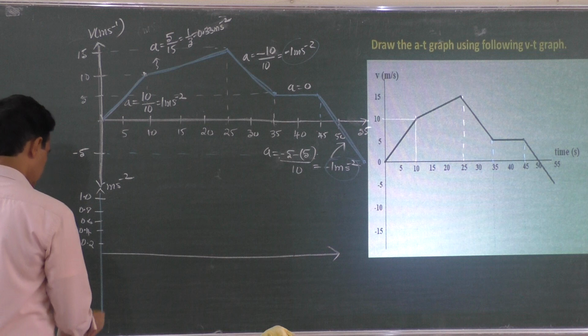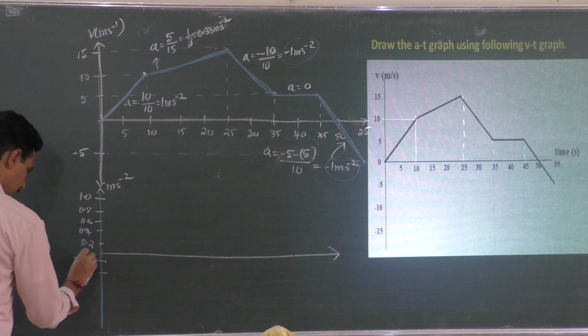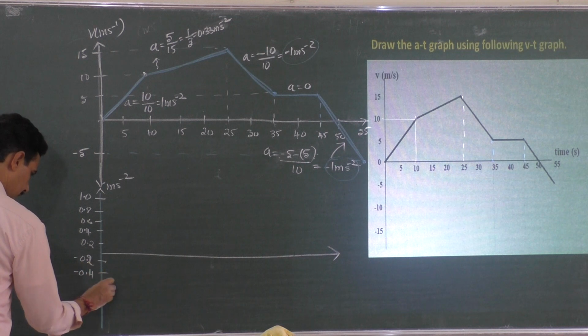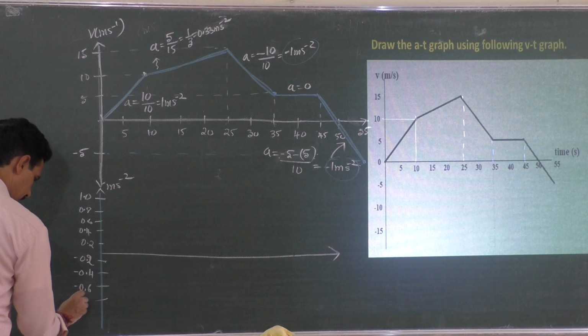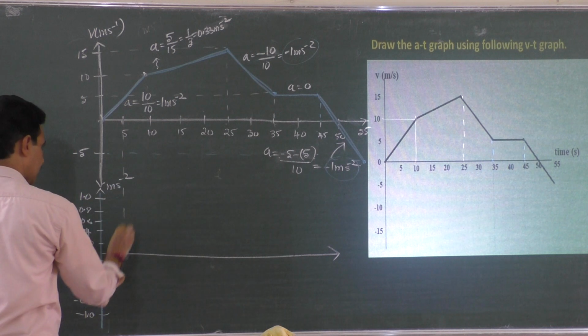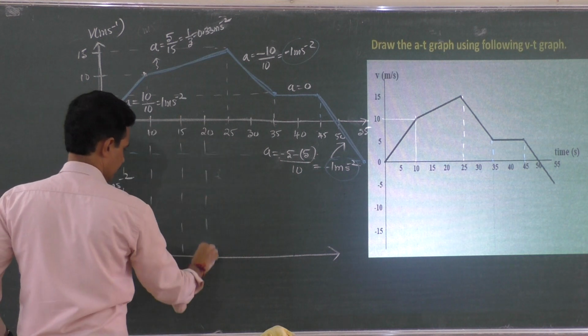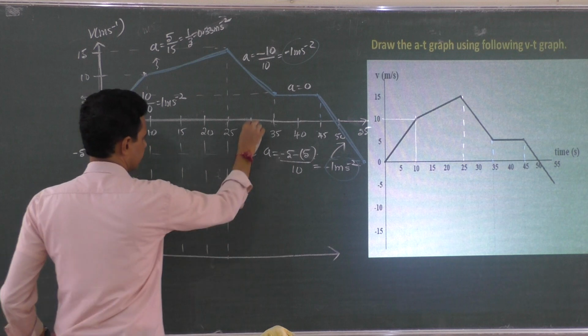What about here? Again the same thing. Minus 0.2, minus 0.4, minus 0.6, minus 0.8, minus 1 meter per second square. Time is 5 seconds, 10 seconds, 20, like this.